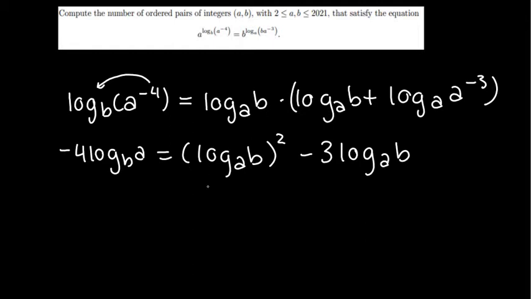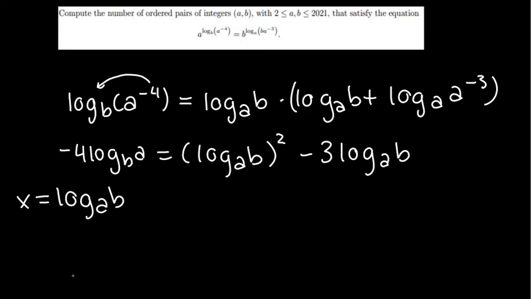Now let's let x be equal to log base a of b. Just by reversing the bases, we know that log base b of a is equal to 1 over x.